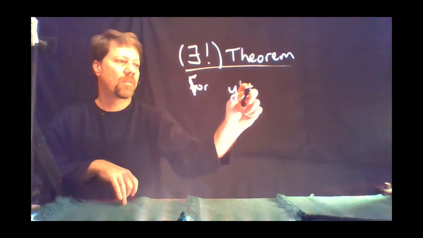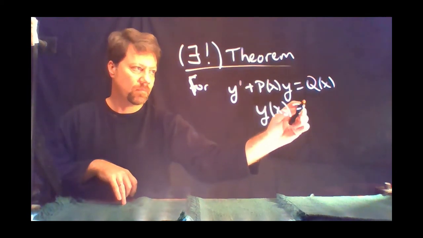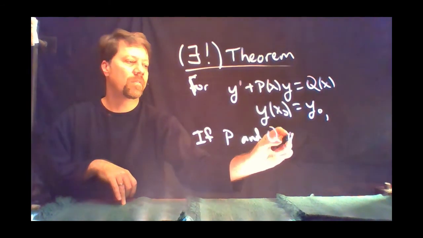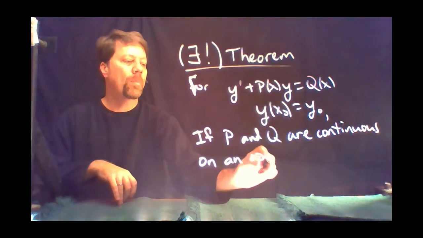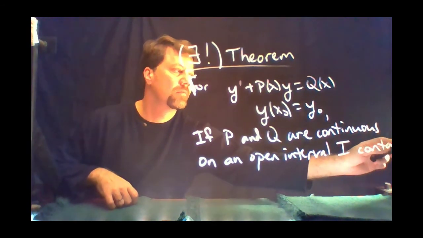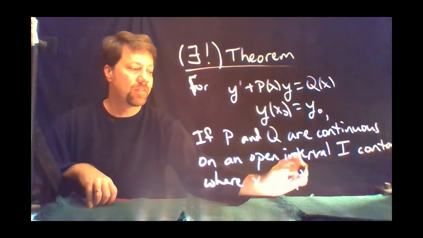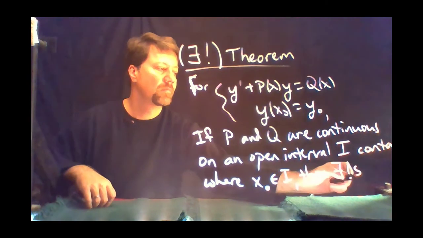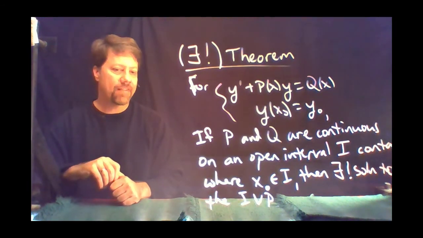For initial value problems, if P and Q are continuous on an open interval I, where x naught is inside of that interval, then there will in fact exist a unique solution to the initial value problem. There will exist a unique solution to the IVP.